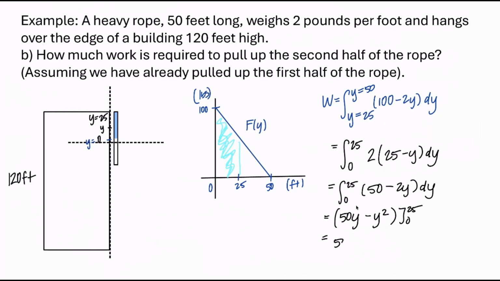If we plug in 25, 50 times 25 minus 25 squared, we have 1,250 minus 625, which ends up being 625 foot-pounds. And so what we did was calculate this second portion here. It's the same as this integral up here. It's the same amount, but it was just easier to calculate if we changed our starting index to 0 and shifted our horizontal axis.